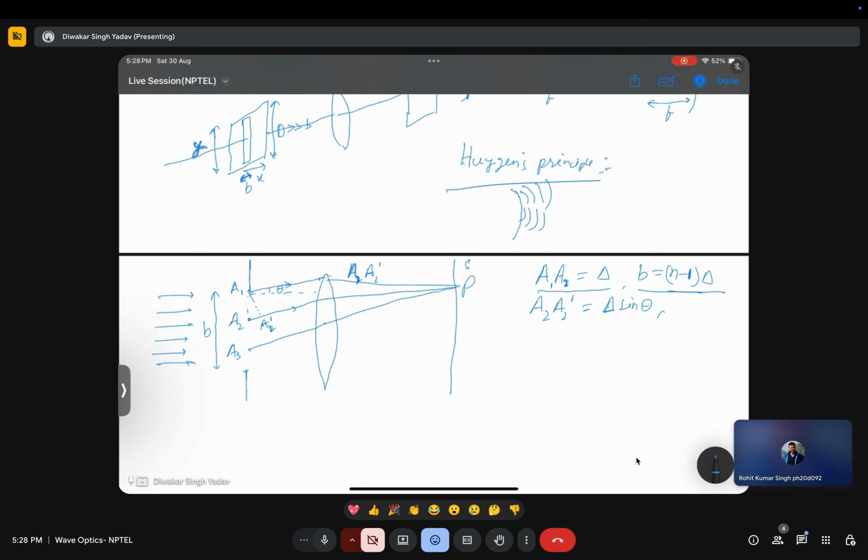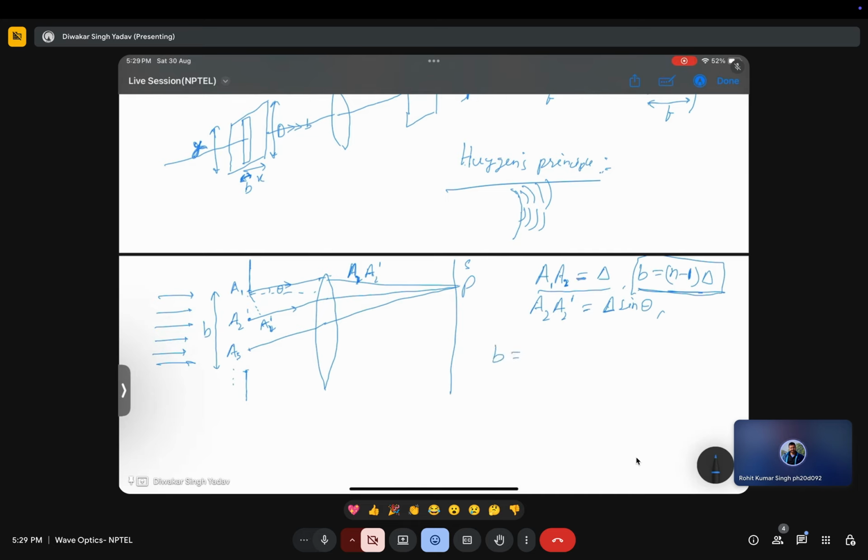Sir, I did not understand this part. Sorry, can you say this again? Which part? This equation? Yes, sir. So I'm saying that we have this slit, and we are making divisions. From A1 to A2, A2 to A3, and so on. And all those divisions have this distance delta.